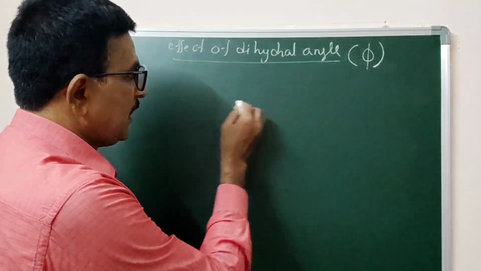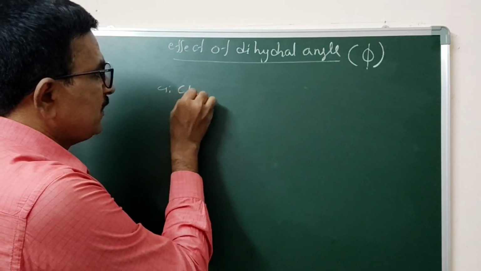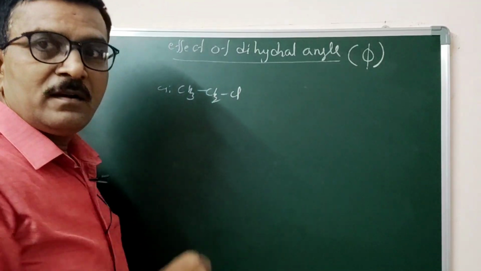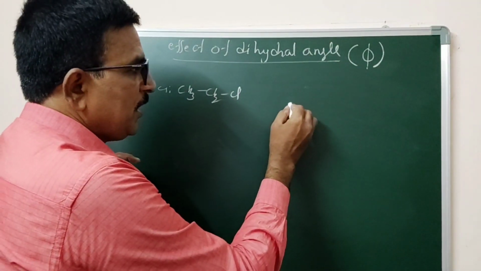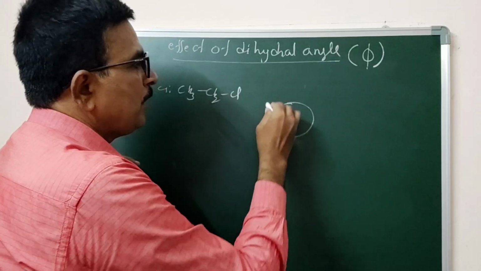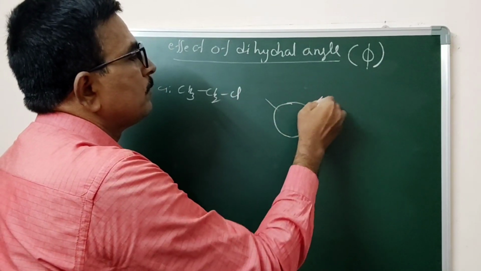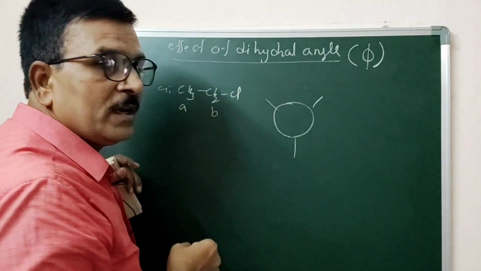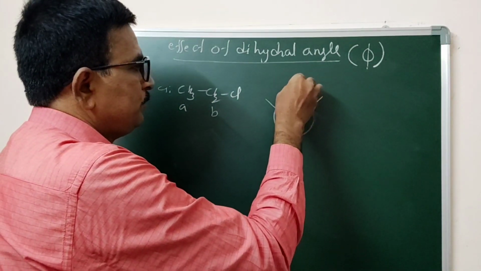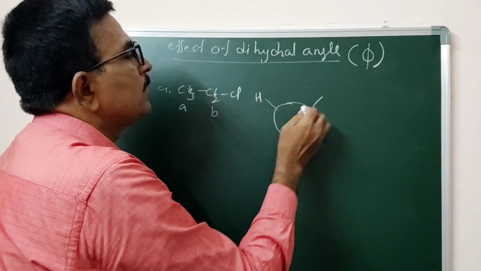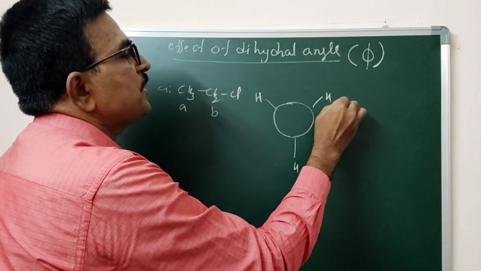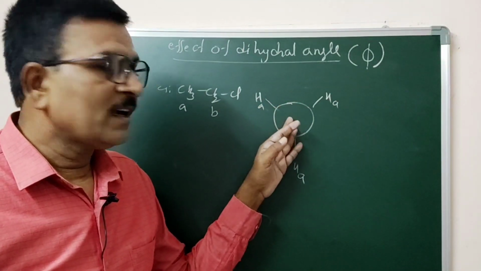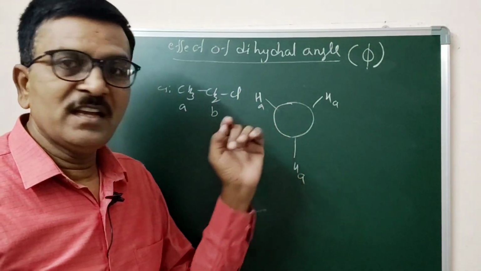We can represent it, for example, with CH3, CH2, Cl. Here there are two sets of protons; if we present the molecule in a Newman projection, one proton is A, the other proton is B. HA, HA, HA are on the back carbon, this is the CH3 group.